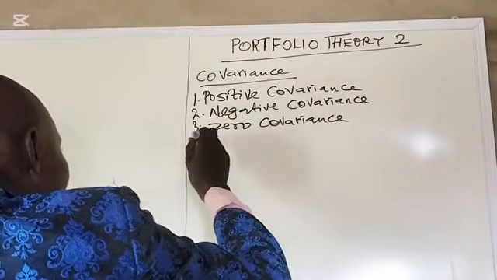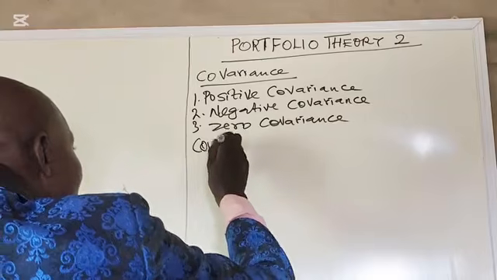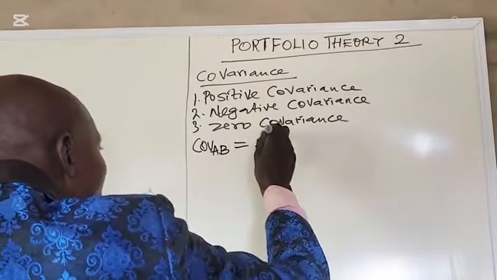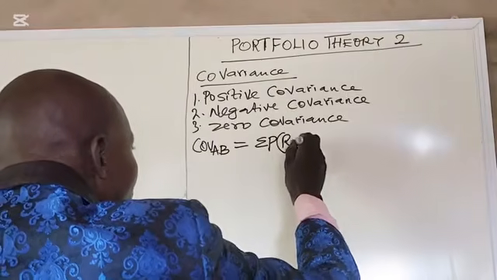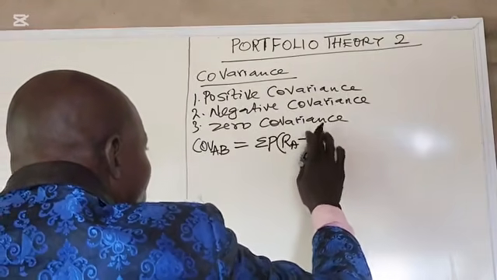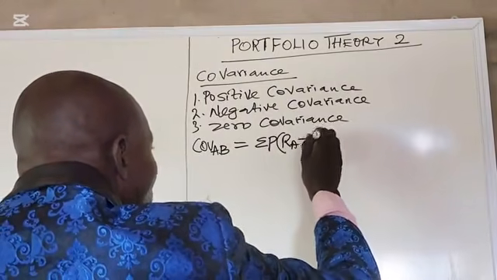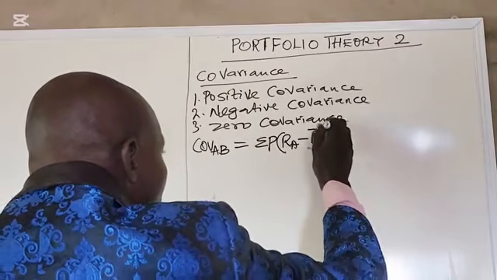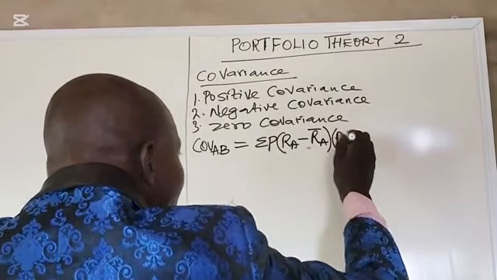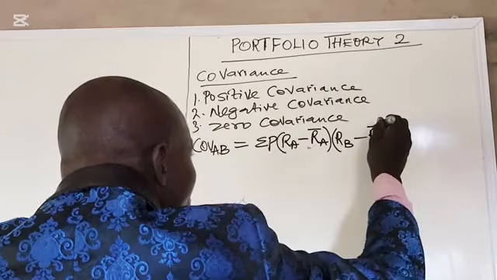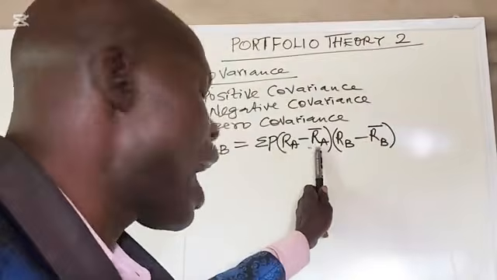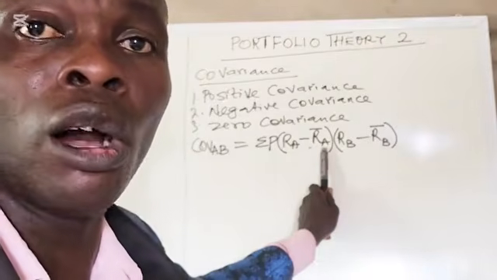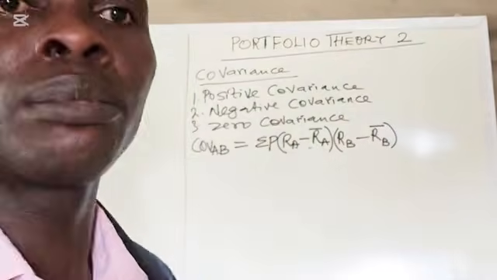Covariance between A and B equals summation of probability into returns of A minus expected returns of A, multiplied by returns of B minus expected returns of security B. So that is R bar A, meaning expected returns of security A, which is the mean.